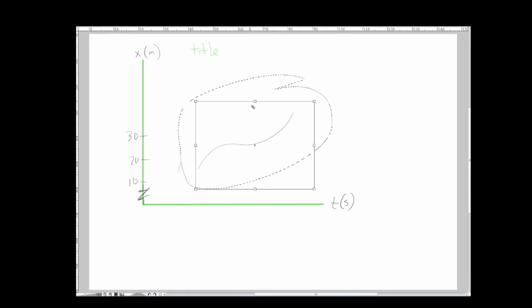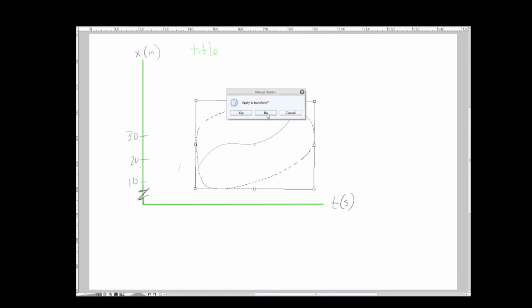And so you might end up with something like that. So it can cause something to look flatter than you actually intended it to look.